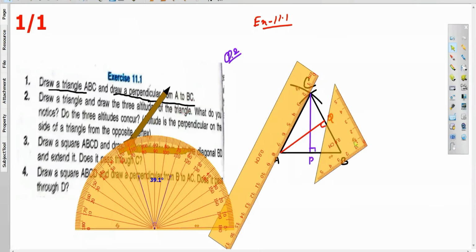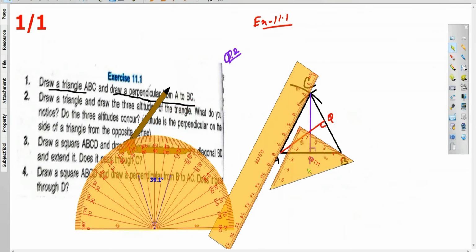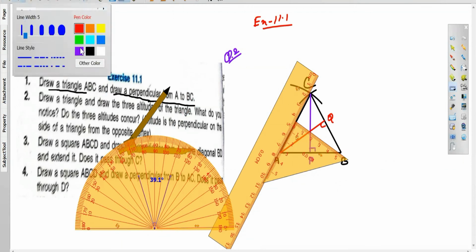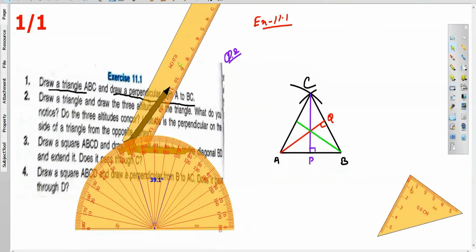Now we need to adjust the set square in such a way that one should slide towards the scale and one should be towards vertex B. Now you can see that on joining it, we will obtain a perpendicular line from B to the line segment AC.